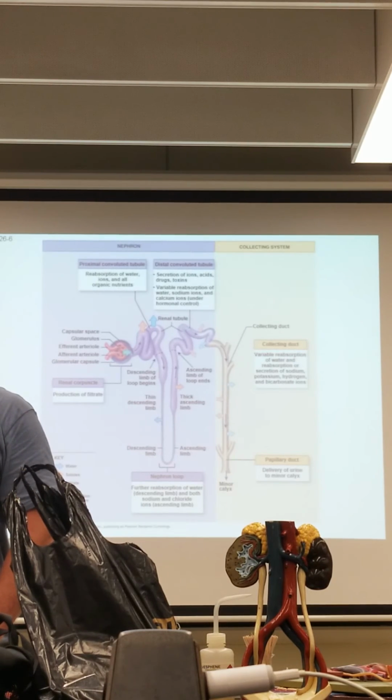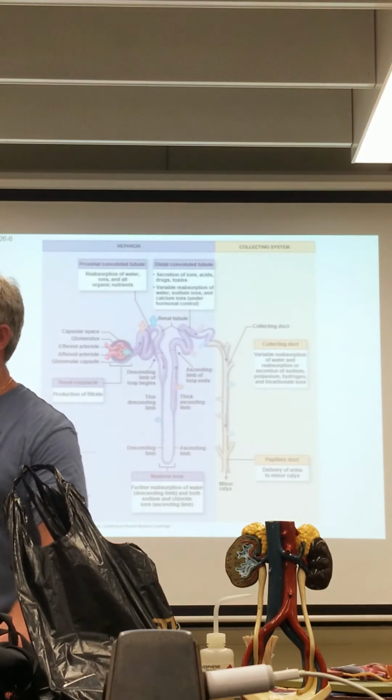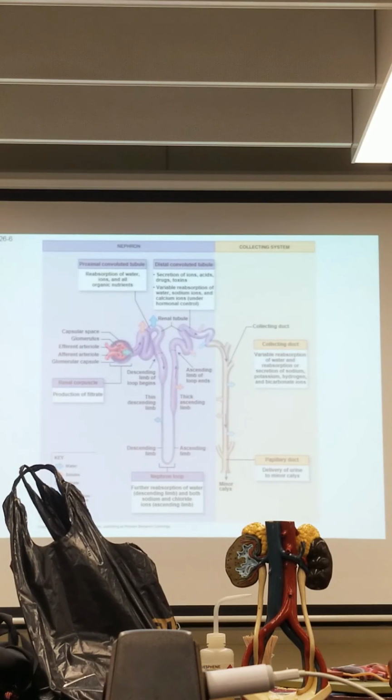A renal corpuscle. So a renal corpuscle is the capsule and the glomerulus. Okay? So just the capsule alone is Bowman's capsule or renal capsule. A renal corpuscle is the capsule and the glomerulus. Okay, everybody's good with that?